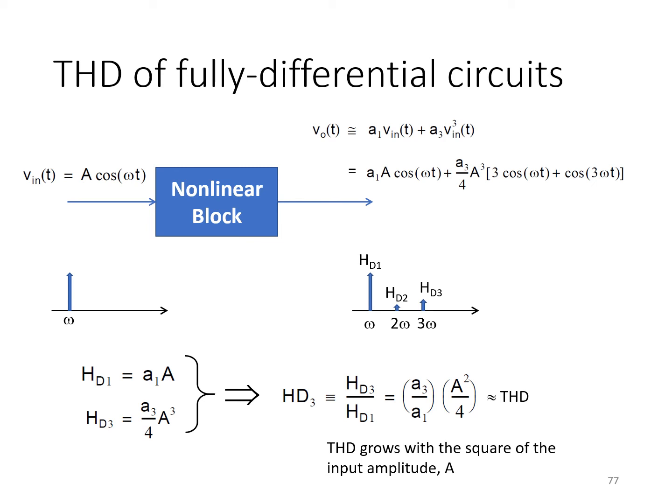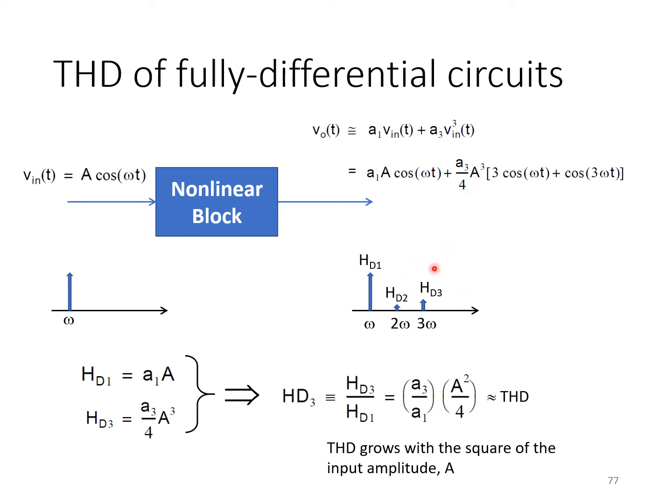So in summary, if we consider the THD, total harmonic distortion, of fully differential circuits, we may approximate it by considering only the linear and cubic terms of the memoryless nonlinearity, and then we would see that the amplitude of HD3, the third order harmonic, is given by A3, the coefficient of the third order nonlinearity, times A cubed divided by 4. So that's the amplitude of the third order harmonic HD3.